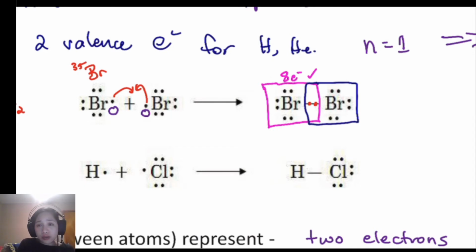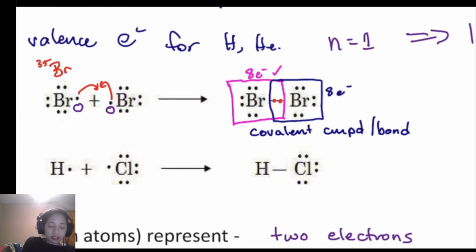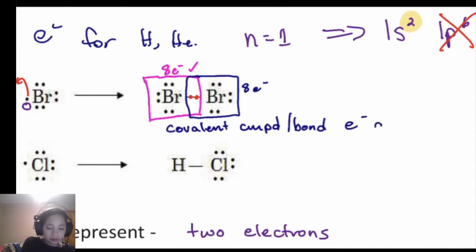And if we again include the bond, the one electron that it's sharing with the other bromine, this bromine also has eight electrons. So this would be a covalent compound or bond because electrons are being shared.